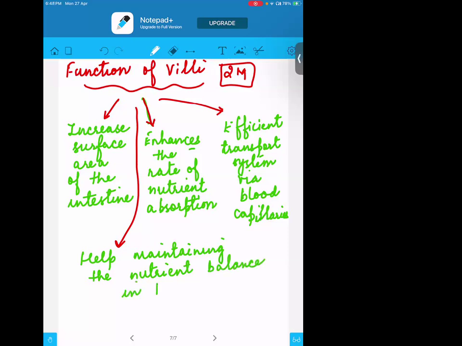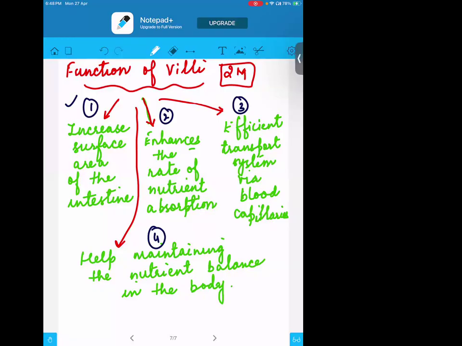So these are the 4 different functions of the villi. For the exam, you can write any 2. The major ones are increasing the surface area and enhancing the rate.